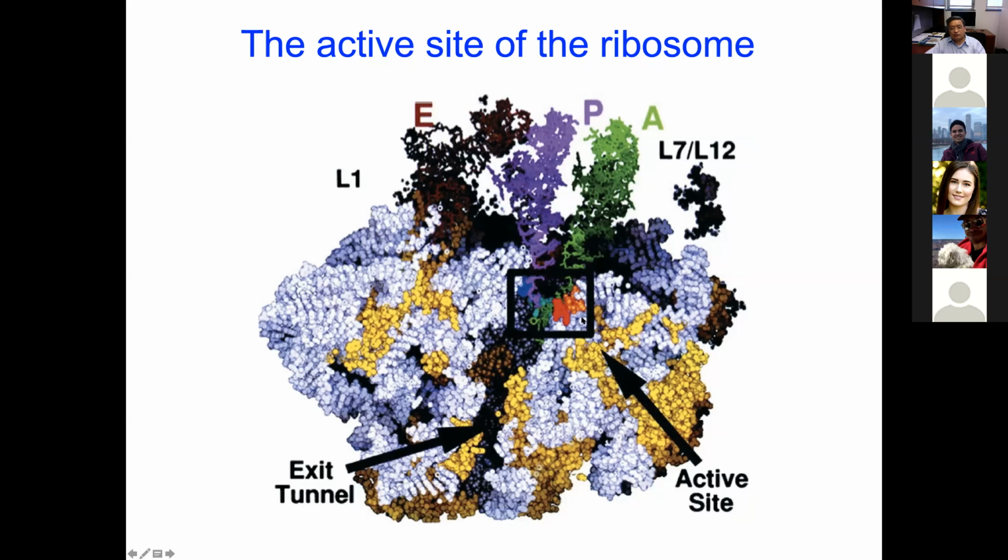So this is the active site of the ribosome. If we look at this structure very carefully, we do not see any protein residues near the active site. That means the ribosome catalyzes the formation of the peptide bond by its ribosomal RNA, the 23S ribosomal RNA molecule of the large subunit. So that is the structure of the active site of the ribosome.